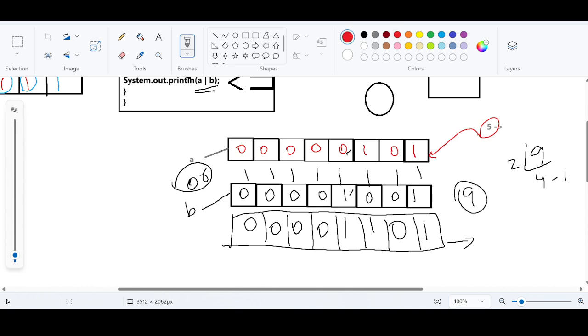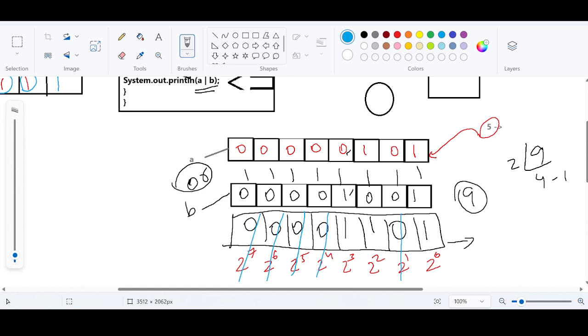So what do we do? We increase the significance: 2 to the power of 0, 2 to the power of 1, 2 to the power of 2, 2 to the power of 3, 2 to the power of 4, 2 to the power of 5, 2 to the power of 6, and 2 to the power of 7. The places where you are finding 0, don't consider those.